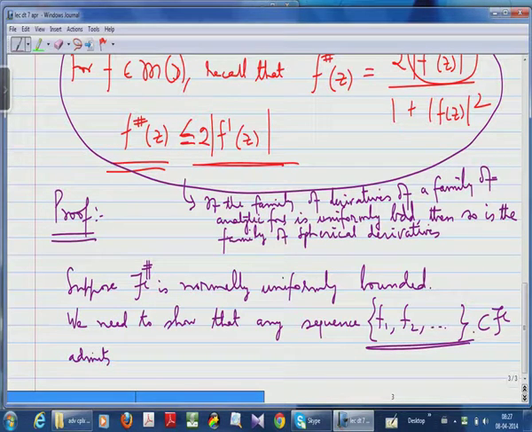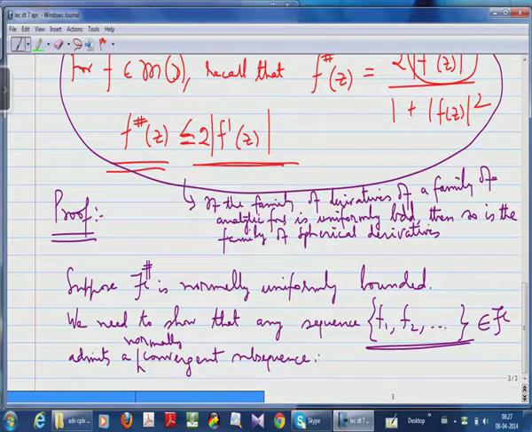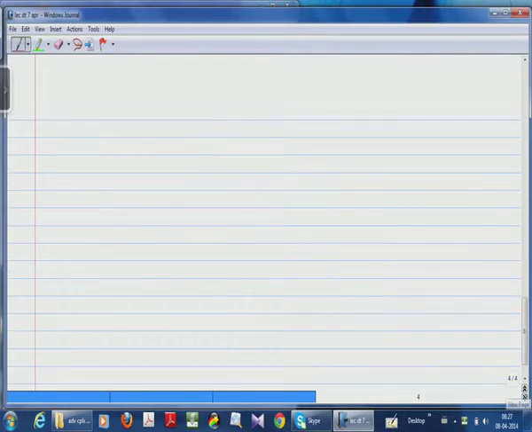So by this notation, I mean that f1, f2, etc. is a sequence in script f. You have to show that any sequence admits a convergent subsequence, and of course it should be a normally convergent subsequence. That is something that converges uniformly on compact subsets.